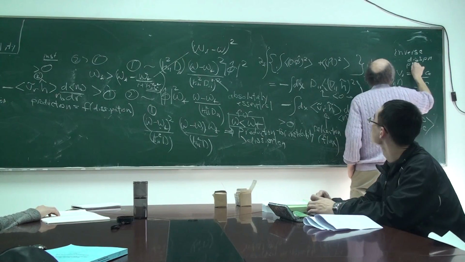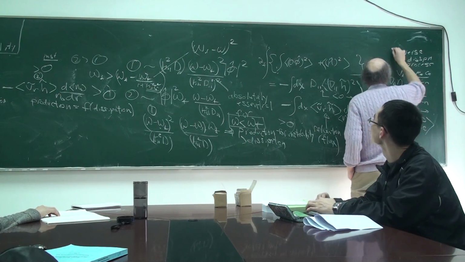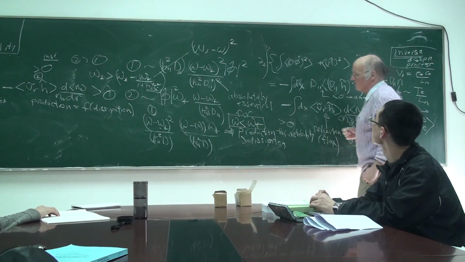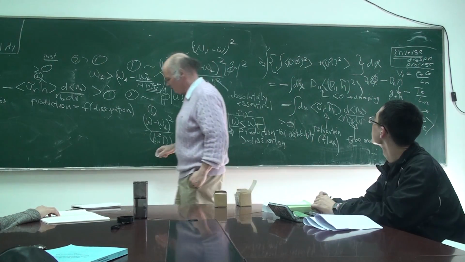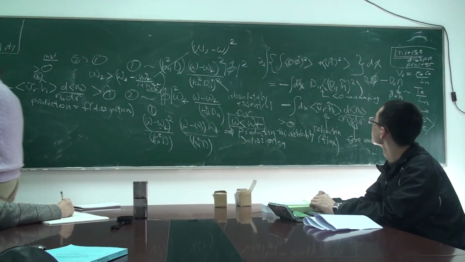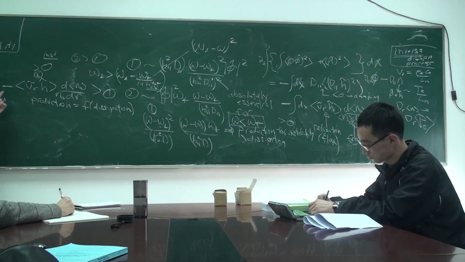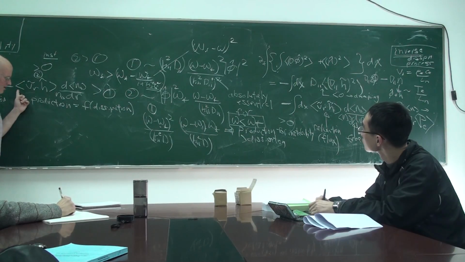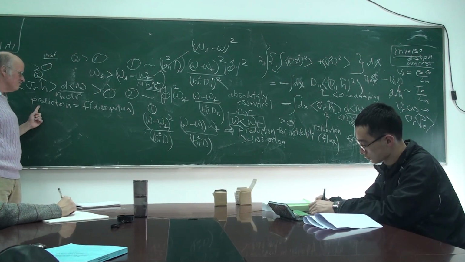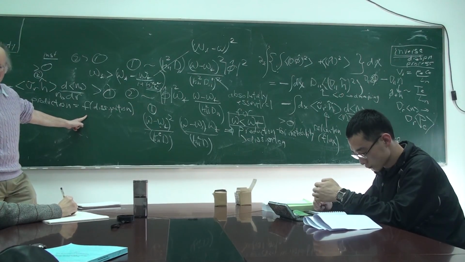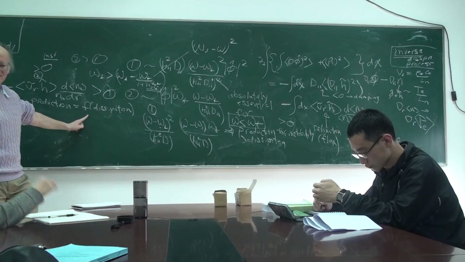That's what the word inverse means: omega less than omega star. It's a case of production beating dissipation, but at the same time, production is a function of dissipation. That's what makes the drift instability a little subtle, okay?